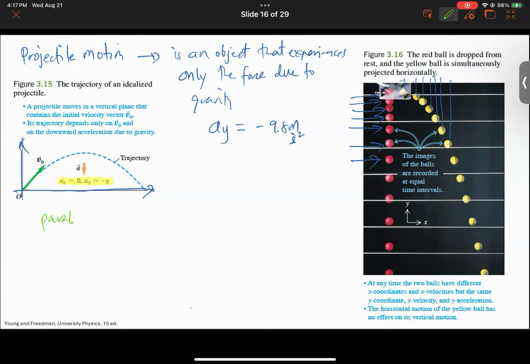Okay? So, yung kanyang path na tinatake is parabolic. Yun din yung nakikita natin dito sa figure na ito. Okay? Parabola yung kanyang motion.